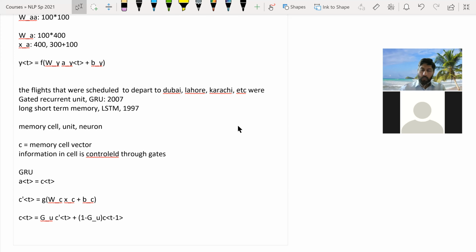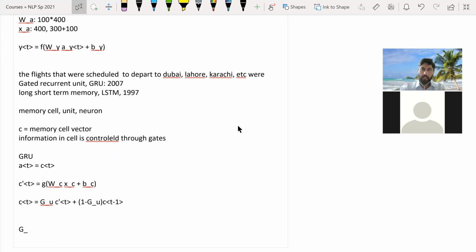So this G U, as I said, is a vector of length equal to that of A and C. So this is equal to the size of the recurrent layer, the size of the GRU layer.